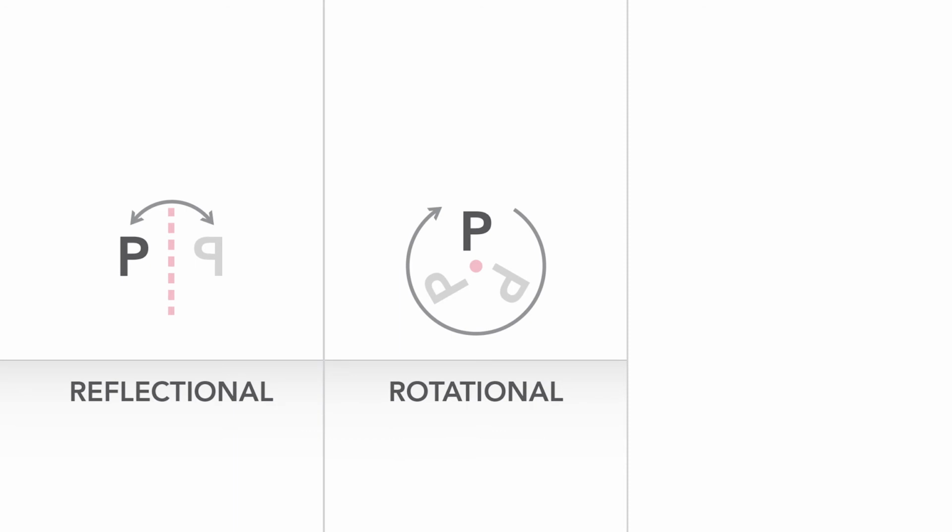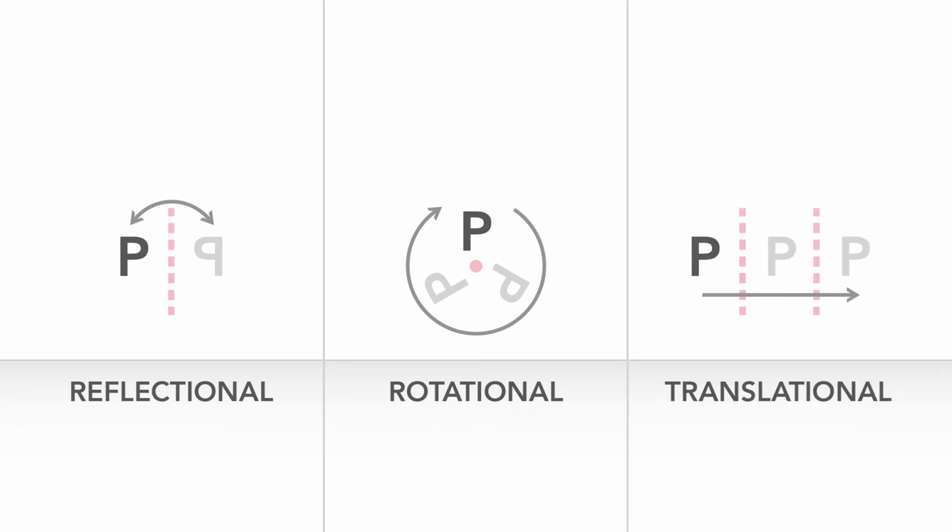Rotational. Also known as radial symmetry, this kind happens when an object or pattern remains unchanged but rotates around a fixed point. Translational. This type of symmetry occurs when an object or pattern remains unchanged but is translated or repeated at intervals along a path. Each type of symmetry is unique, as you can see, and as we advance you'll find that all 3 appear in music.